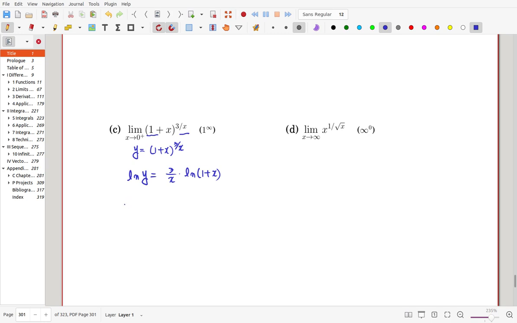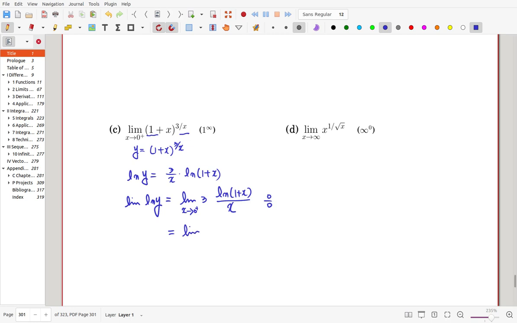Here we apply limit, then limit of natural logarithm of y is the same as limit, okay, we have a 3 here, natural logarithm of 1 plus x over x. So here now x is approaching 0 from the right, so this will approach 0 again. Denominator will approach 0, so there is a 0 over 0 shape. So we can use L'Hopital's rule.